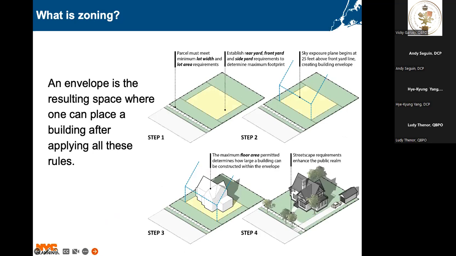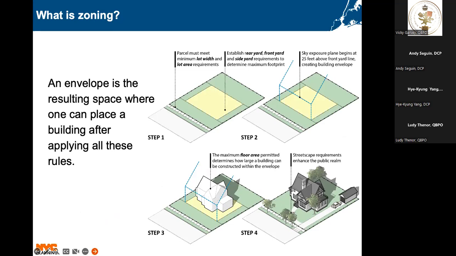So in zoning, we have something referred to as a building envelope, which is essentially a 3-dimensional space on a zoning lot within which a structure can be built after you apply all the zoning rules. As we discussed, the floor area ratio, or FAR, is a big part of this, but there are a lot of other parameters you should consider. There are lot width and setback requirements.